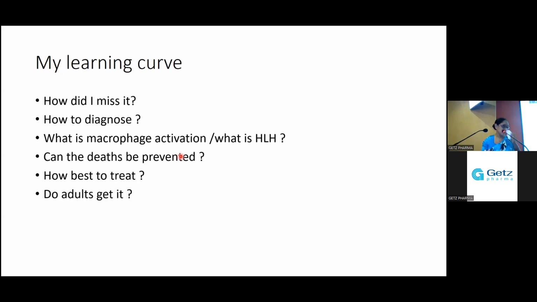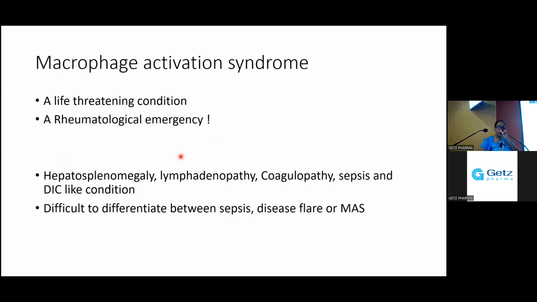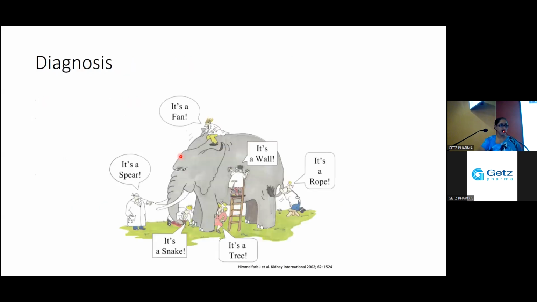Later we learned very well to manage dengue and dengue HLH. Now those lives are saved. Likewise, we can also save lives if we understand what happens. I don't have to tell this, I'll skip this slide. It's a life-threatening situation.